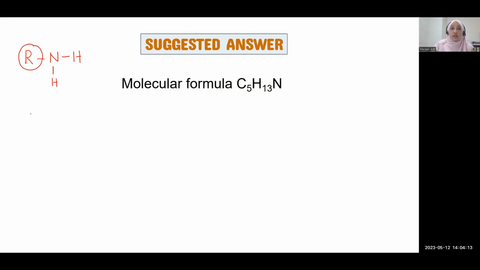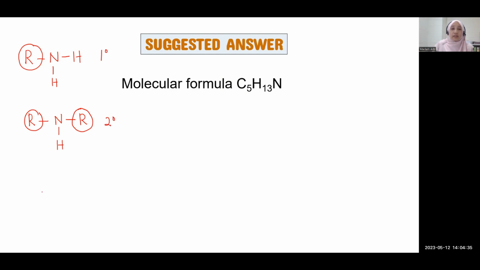Next we have R, N, and then another alkyl group R, and the last bond with the nitrogen is with hydrogen. Since the nitrogen is bonded to two alkyl groups, this one is classified as a secondary amine.